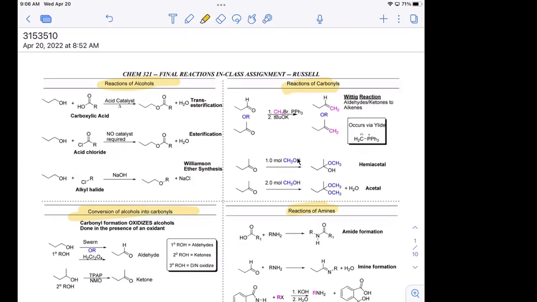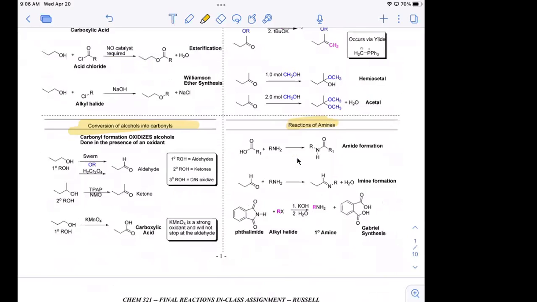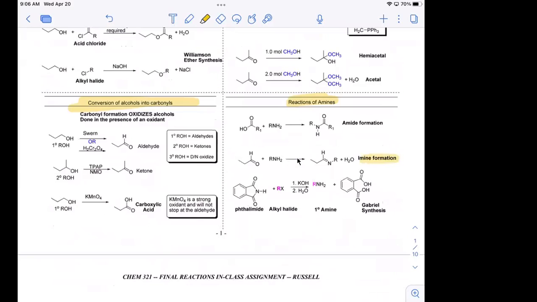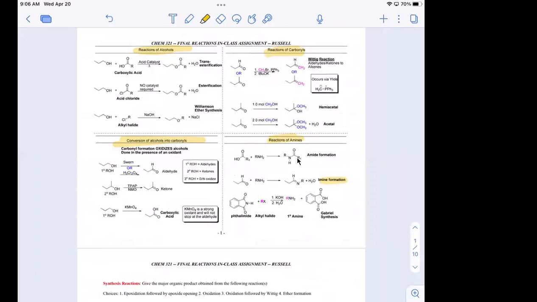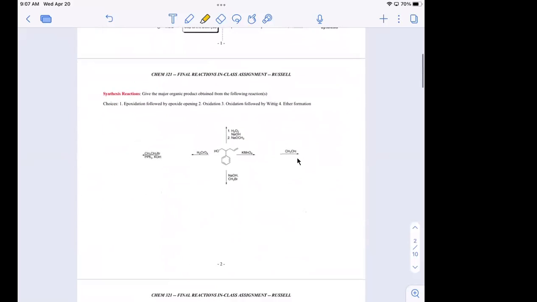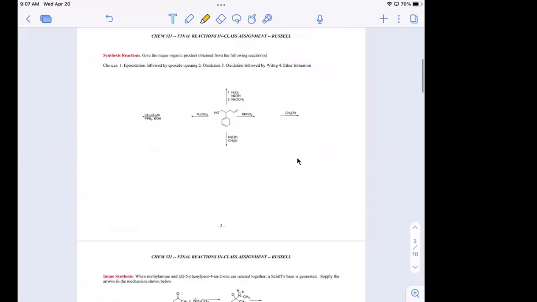We're going to go through the mechanism for the Wittig reaction, and then the hemiacetal, and from there you'll be able to extrapolate what the mechanism is for the acetal. And the same thing with the amine formation. We're going to go through the mechanism for that as well. All right. And then we have a bunch of examples in here. Obviously, we won't have time to touch every example, but we will look at some selected ones, and we'll go through it like that.